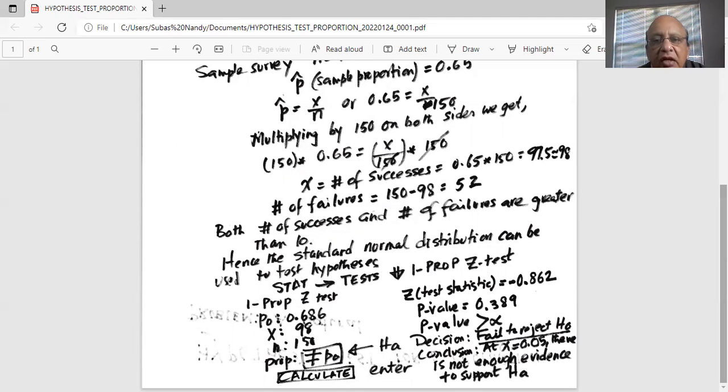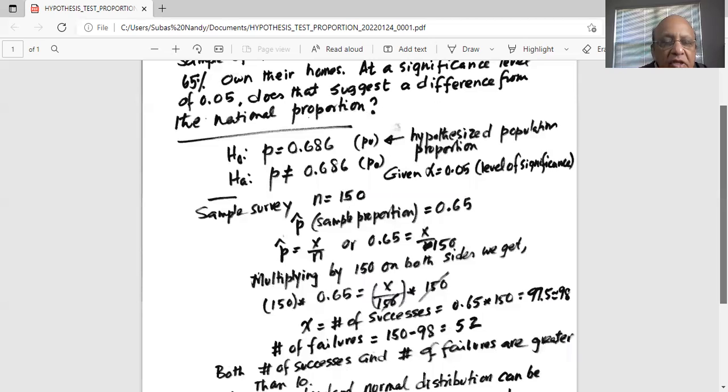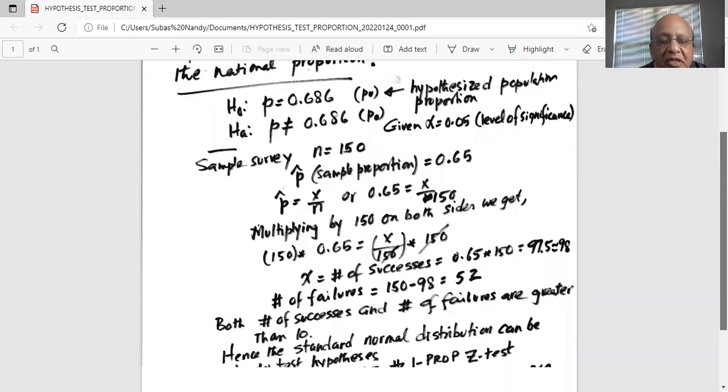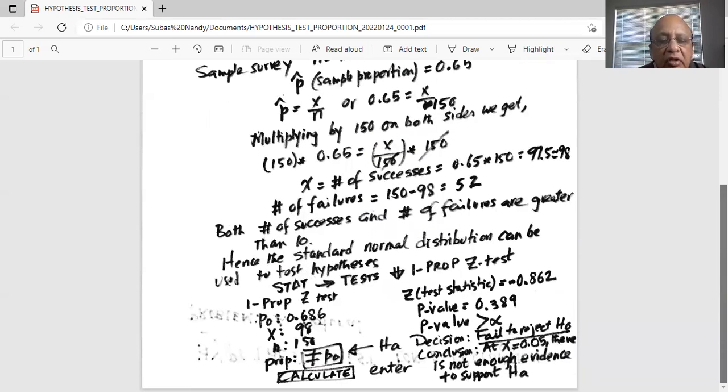Remember, the fourth line is my alternative hypothesis, which is P not equal to 0.686, my P0. So I bring the cursor on the fourth line to not equal to P0 and I hit enter so that it is flashing on the fourth line. And then I scroll down to calculate and hit enter.